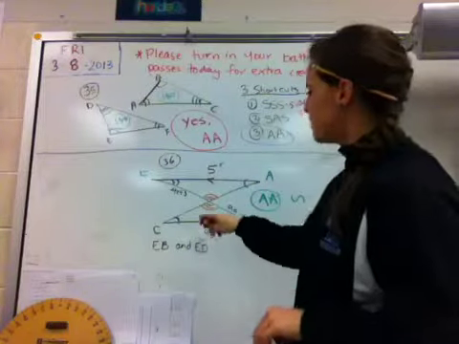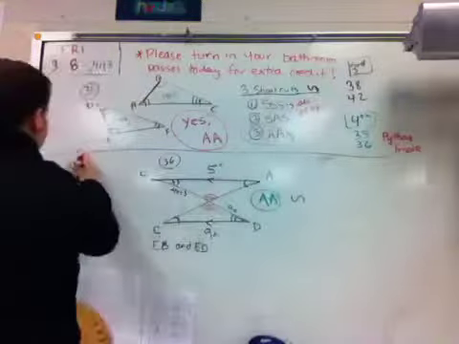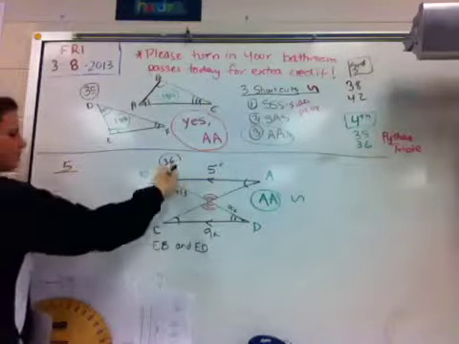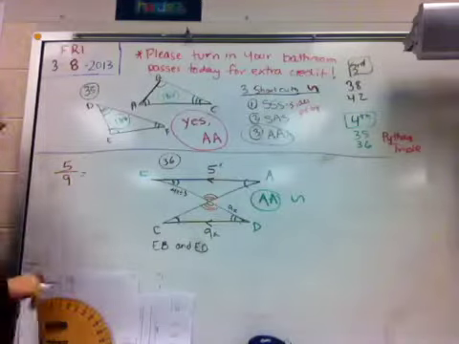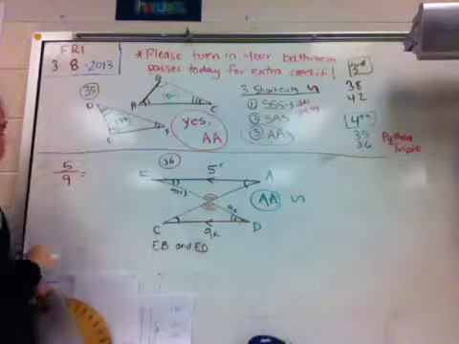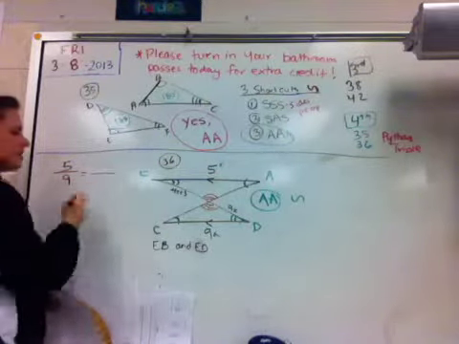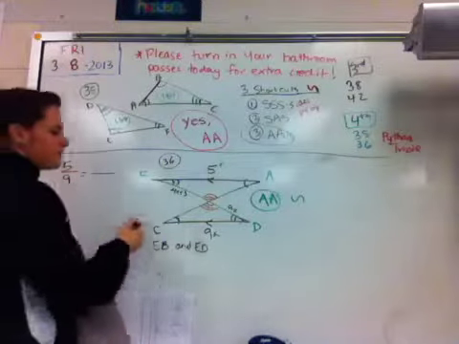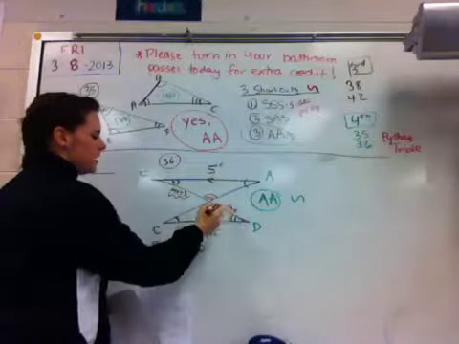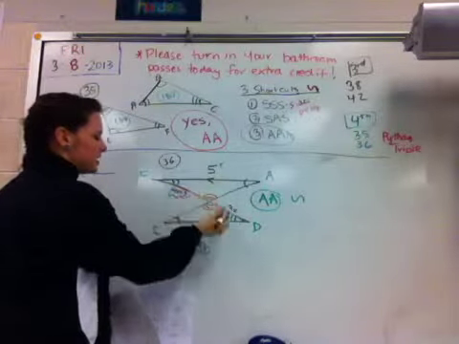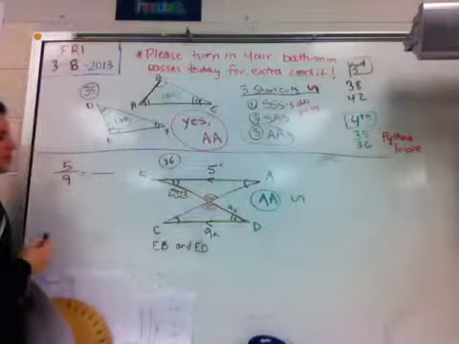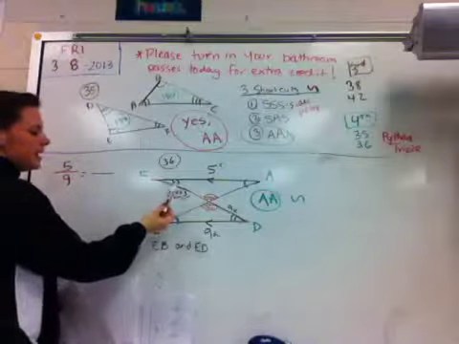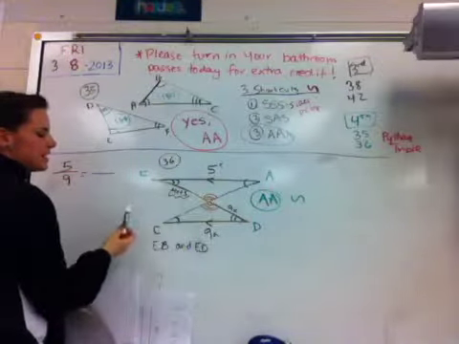When we start setting up these corresponding sides, 5 on top is going to correspond with the other parallel line down at the bottom. That's going to be your first ratio. Set it equal to your ratio that comes from your other pieces. Look at where 4x plus 3 is. Look at where 9x is. How do you know those are corresponding? Look at the angles that this piece is connecting.